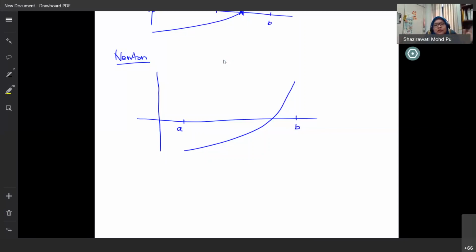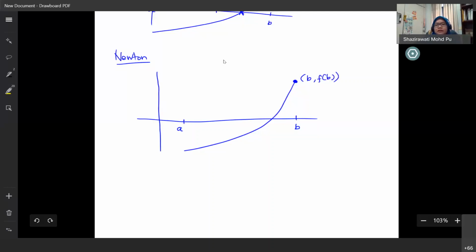You either choose A at the left, or B, to be your x naught. Let's say I'm taking B here. The coordinate at that point we can write as B, and the corresponding f is of course f(B).